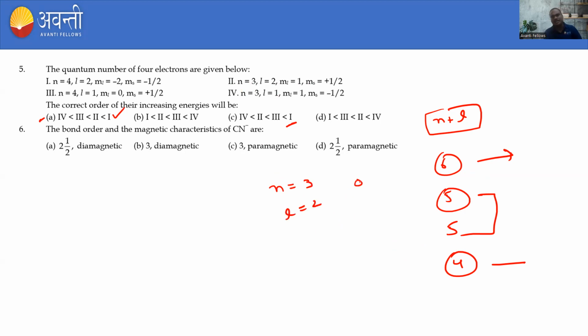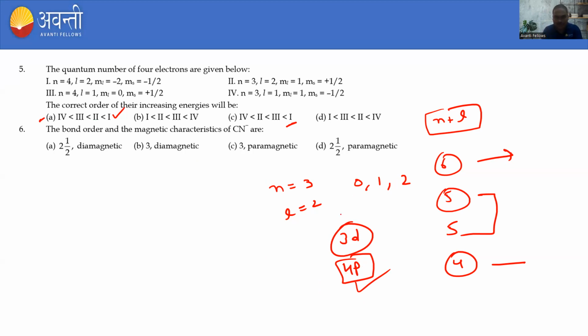It means, if l is 0, then s; if l is 1, then p; 2 is d. So this is 3d, right? And in this case, this is 4p. So out of 3d and 4p, in which of them do you have to fill the electron first? Obviously, in case of 4p, right? In 4p, they have the maximum energy.